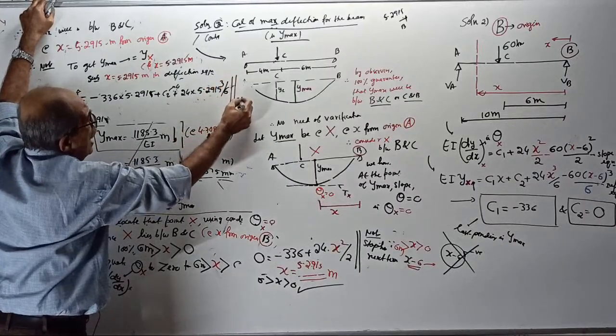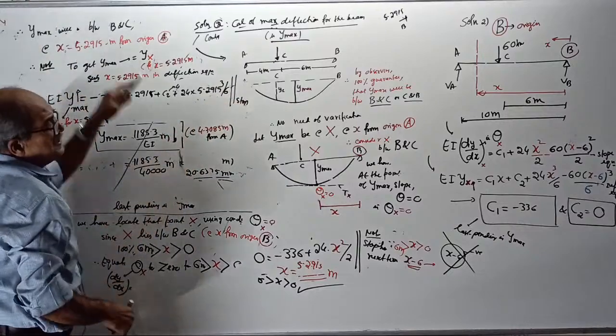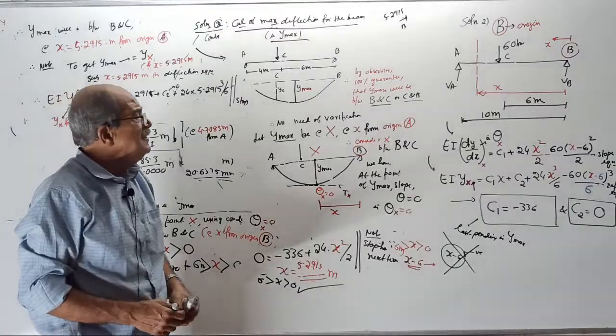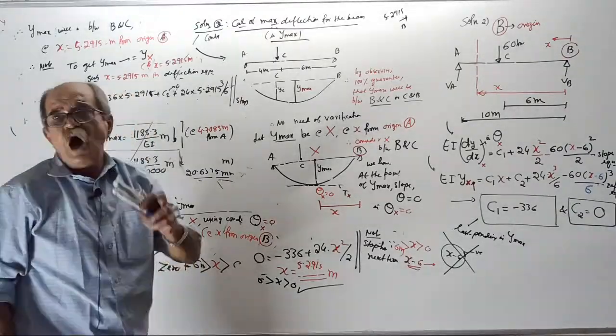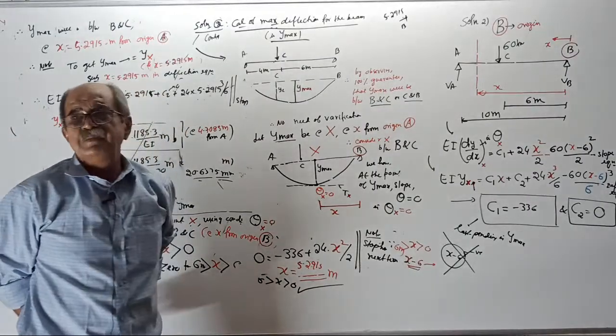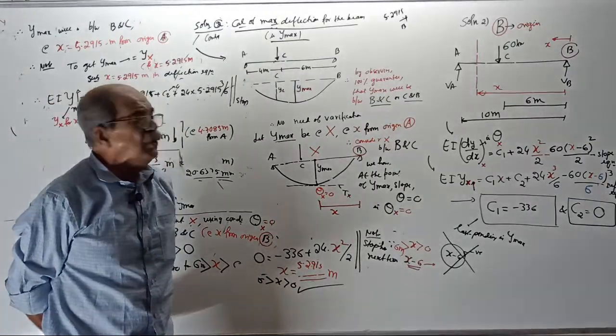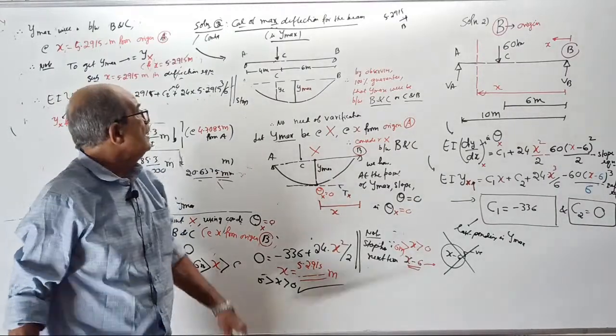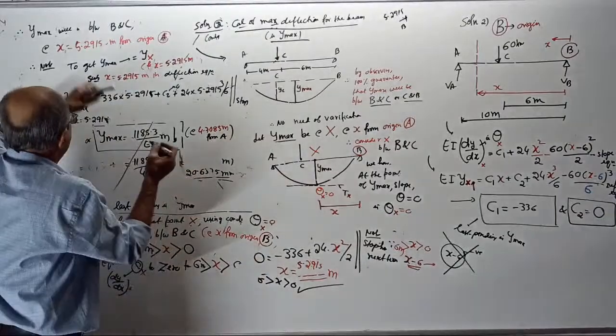Stop here. Stop. Why? Because our next term, that is 60 into x minus 6, is not applicable. Easy method: 60 into x minus 6, when you substitute x equal to 5 point something, that term is going to come negative. Therefore, not to be considered.